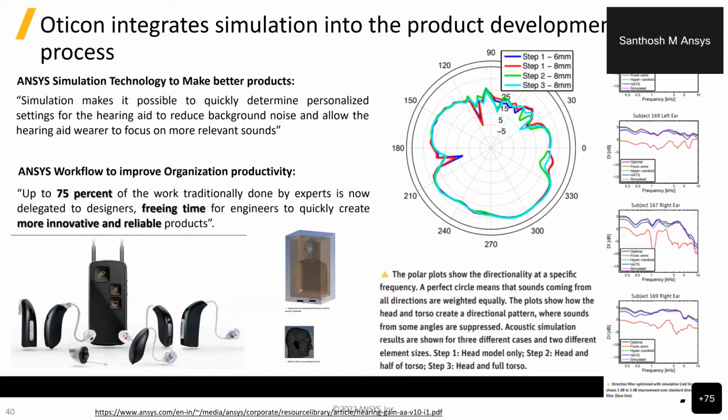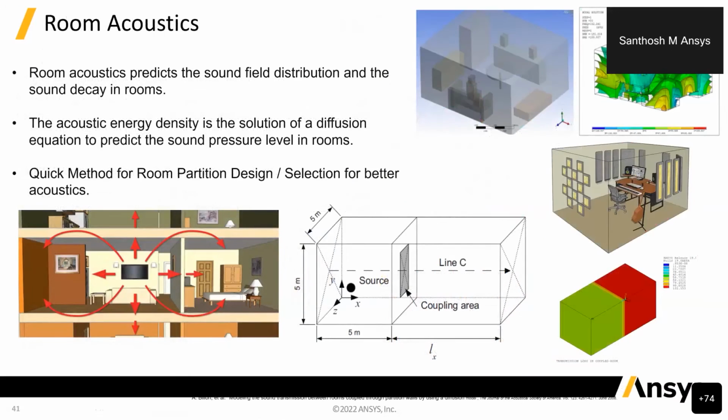They have been using Ansys tools. Using Ansys simulation for their product development, they could see up to 75% free time, because the time they were spending earlier to create the test scenarios and do the physical testing is reduced by the simulation, which frees up their engineering team to do other innovative work.